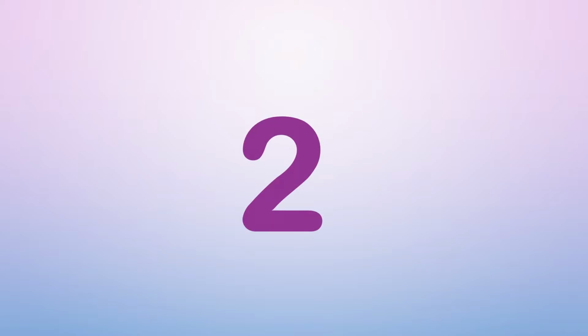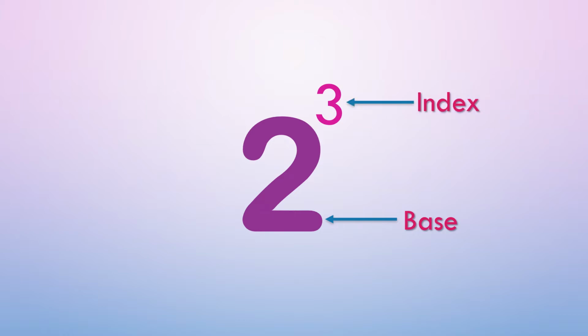In this lesson, we learned about powers. In a power, there is a big number and a small number, like this. Can you remember? The big number is called the base and the small number is called the index.